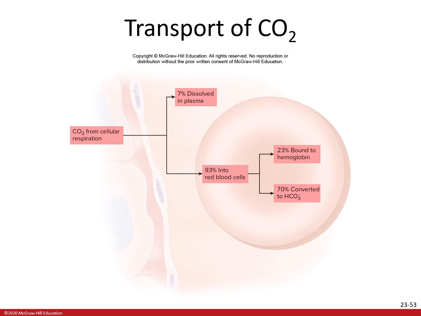But 93% go into our red blood cells, where 23% are going to be bound to hemoglobin, and the other 70% are going to be converted into bicarbonate ions. So this is just showing those 3 different ways that we transport carbon dioxide.